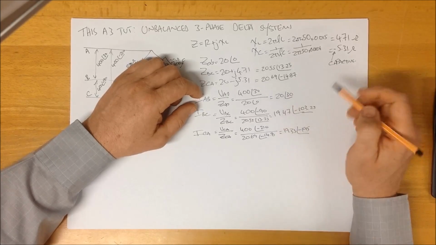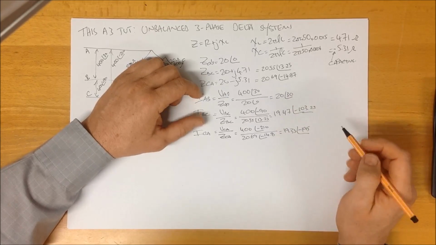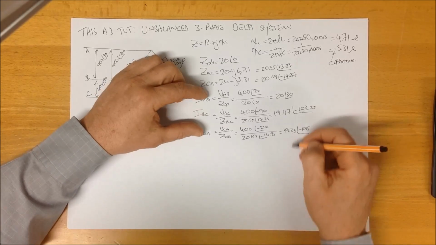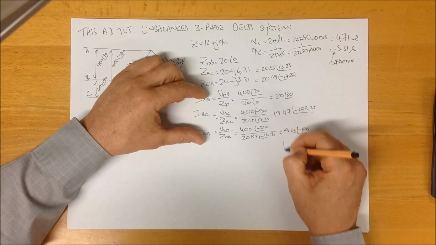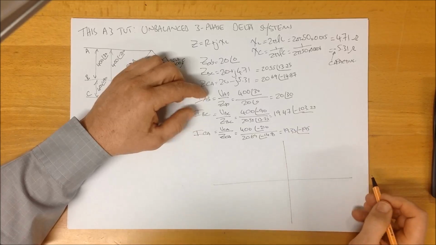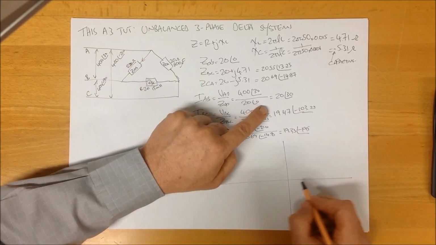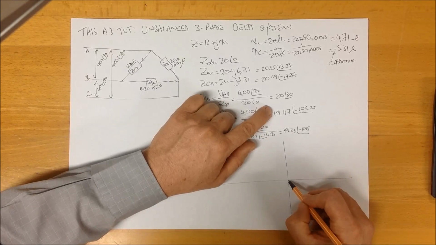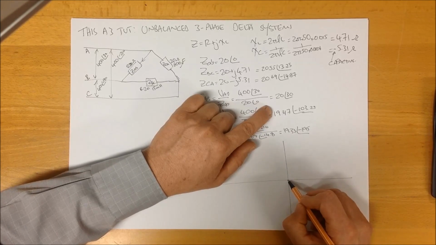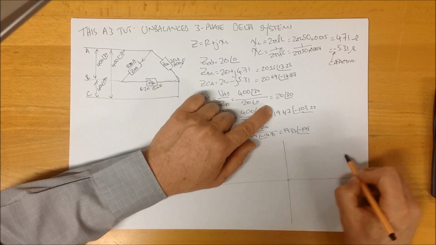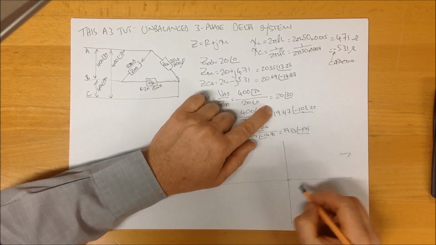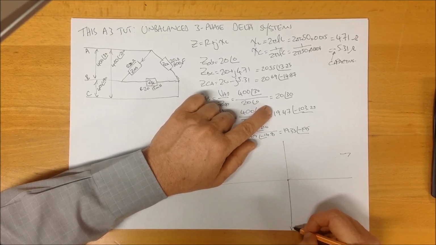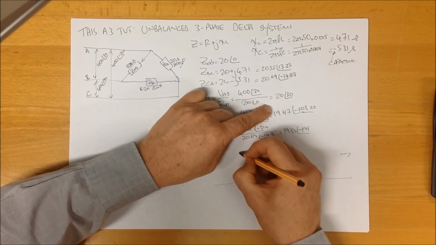Now, we can start plotting some of these in the phasor diagram because things are going to get quite interesting fairly soon. So we'll plot these here for now. We have our applied voltage, VAB, which is up here somewhere, VBC and VCA.